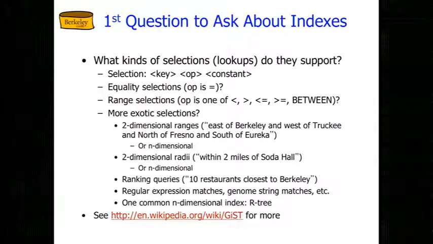So you can support queries like find a 2-dimensional range. Anything east of Berkeley and west of Truckee and north of Fresno and south of Eureka, that defines a rectangle that's aligned with the coordinates of the map. All right, so it's a range query in 2 dimensions, x comma y. Another type of query you might want to support, and certain indexes would support, would be 2 dimensions, but with radius queries. Find all things within 2 miles of Soda Hall. So that's a circle query in 2D.